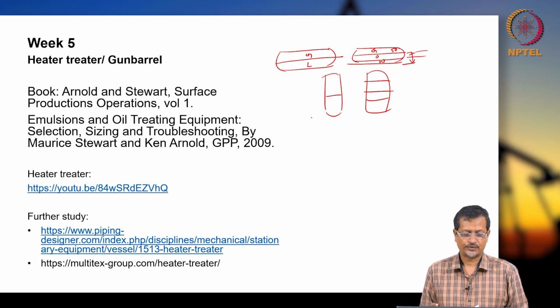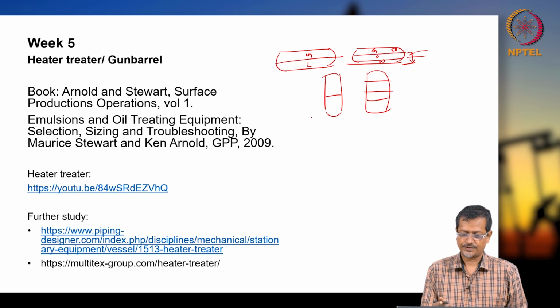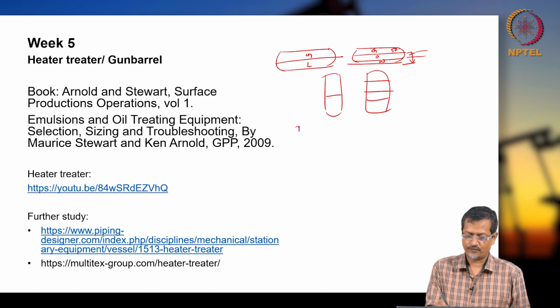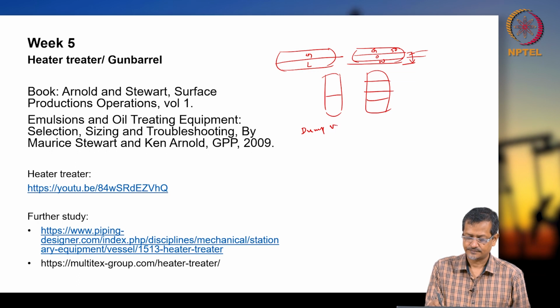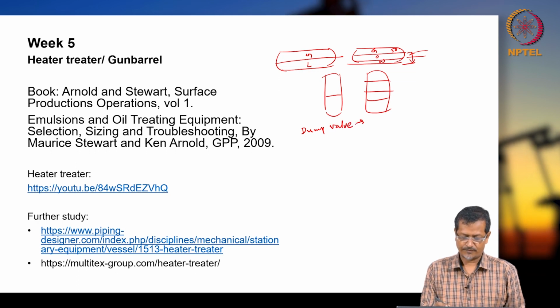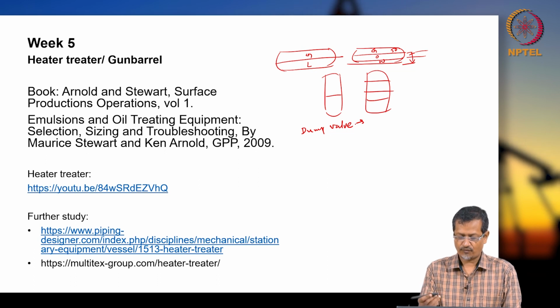Before we go through details of the heater, there are two things we need to know. The dump valve, we are using this term. It has a different name also, like blow off valve.